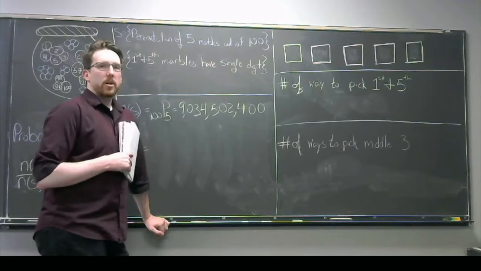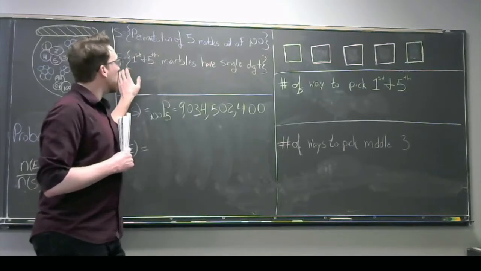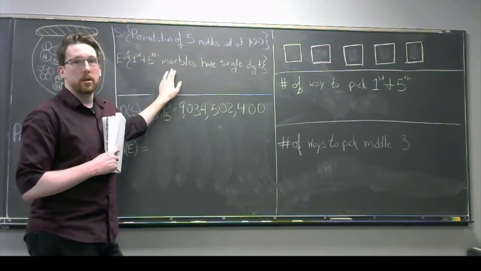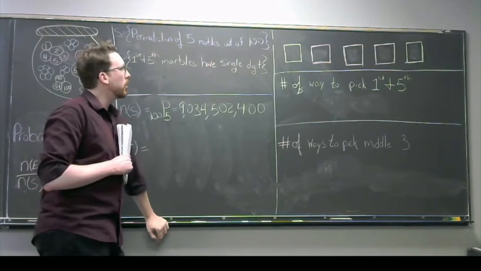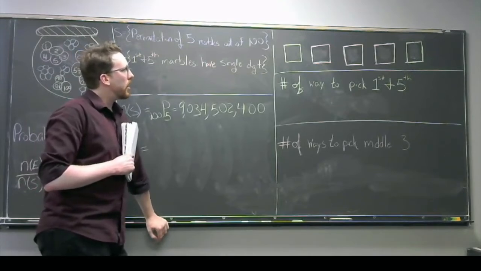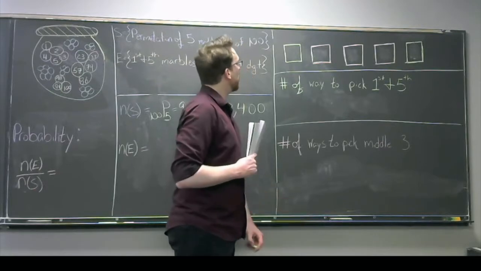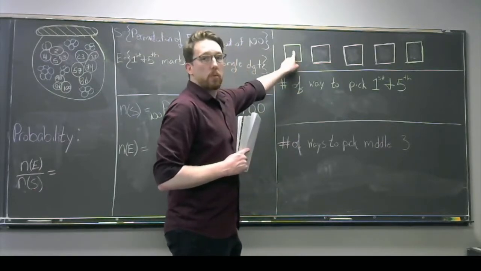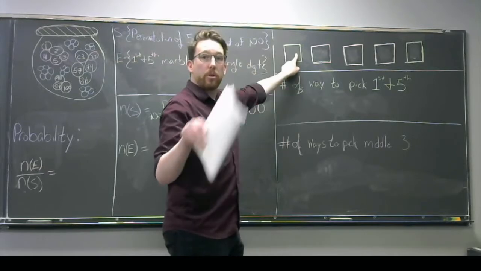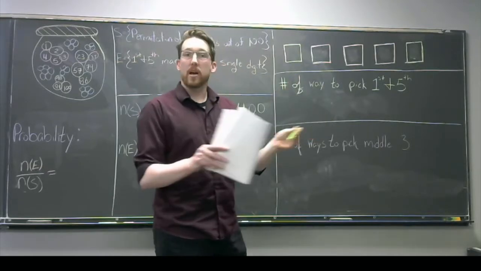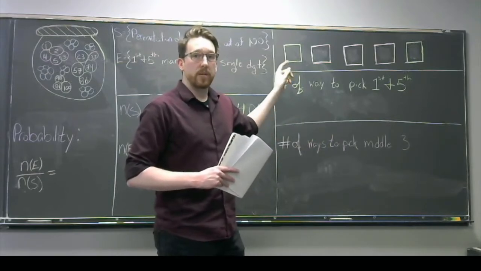The next thing we need to do is figure out the size of our event. How many different ways can that event happen? Let's consider what's happening over here. The first marble we're choosing is going to be from marble 1 through 9, right? Those are the only 9 marbles we can choose from, because those are the only 9 that have a single digit on them.